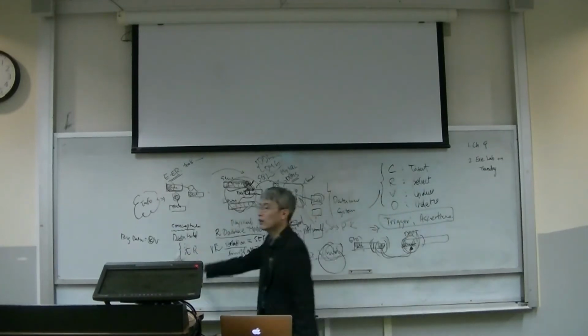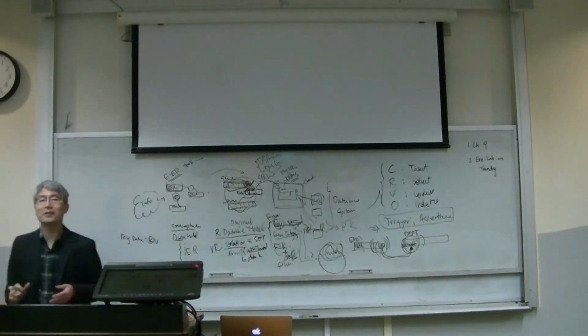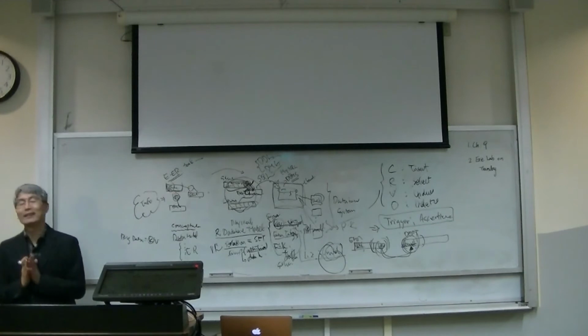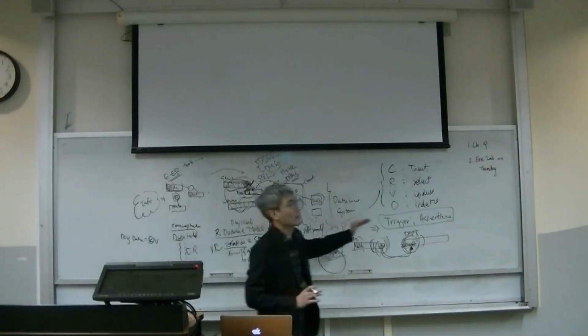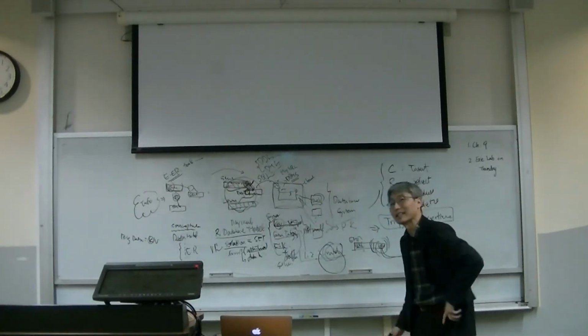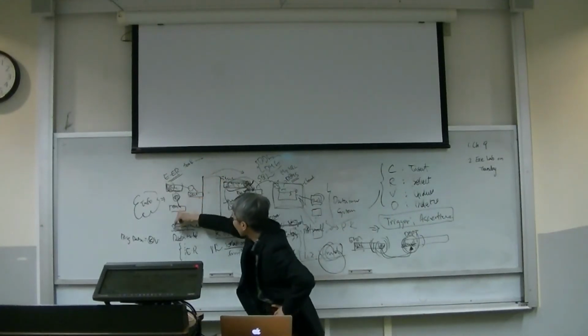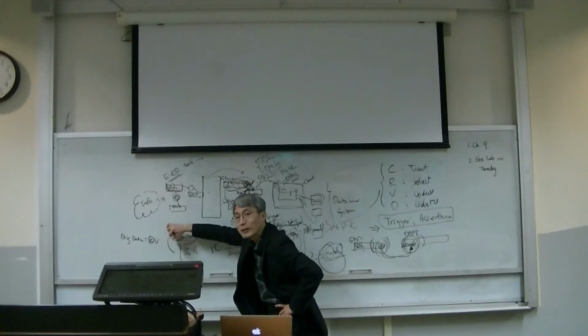Okay, this is the overview of the database design that we discussed so far. What we missed in this database design process is actually this part. We learned about the data model, a conceptual level model, the logical database model.